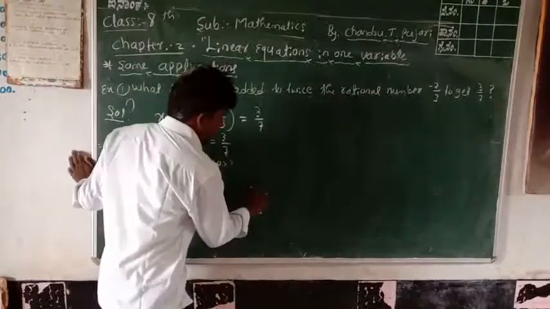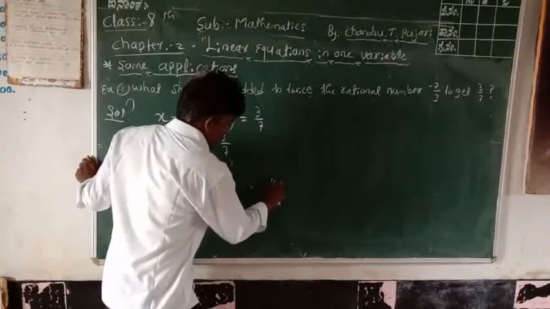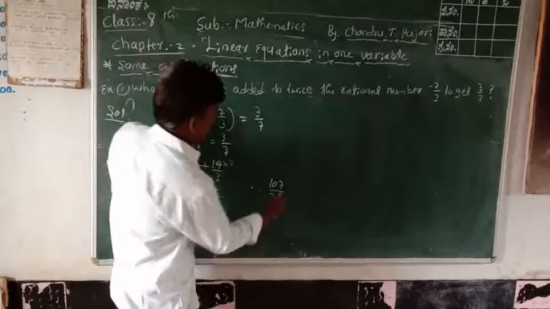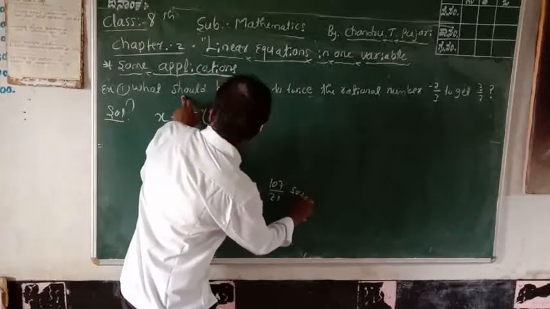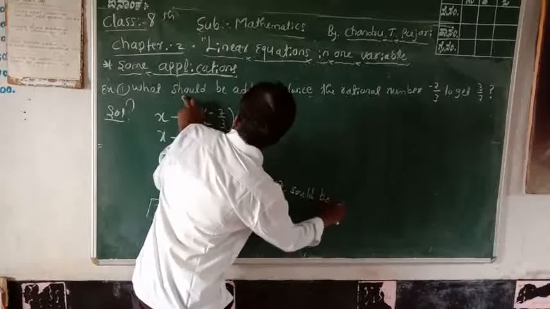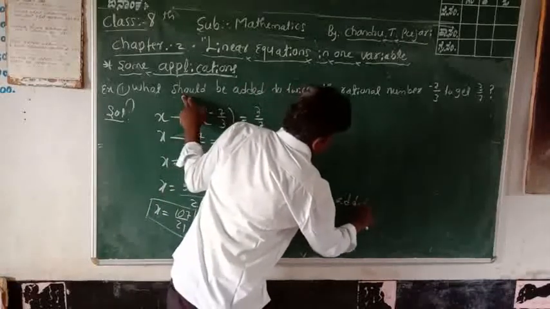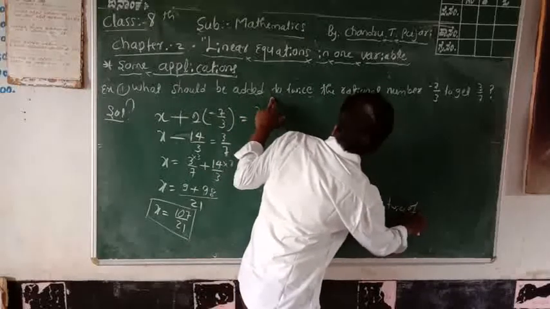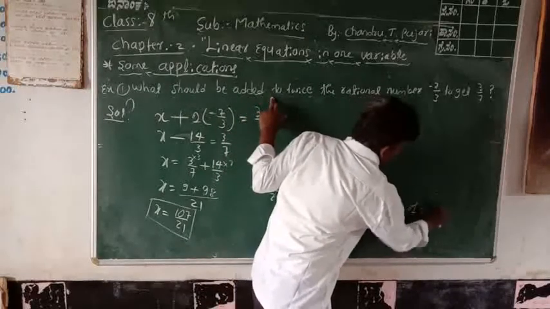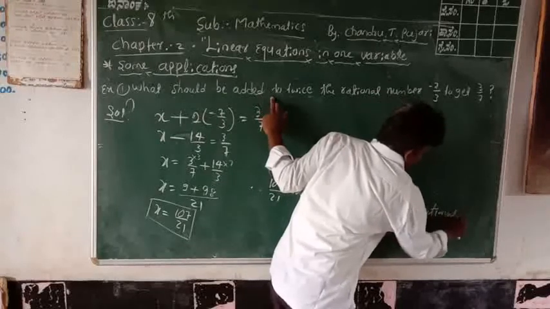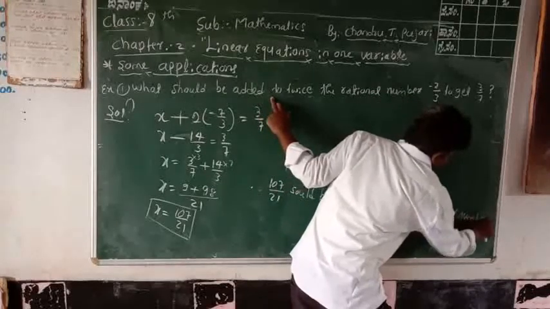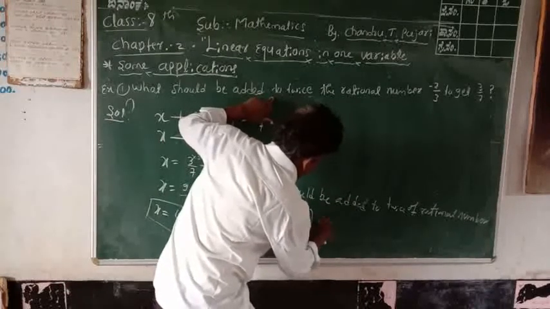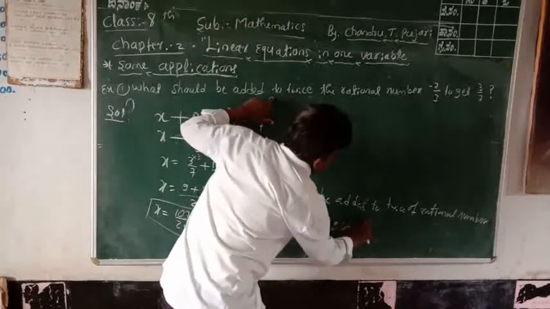Therefore, our conclusion is 107 by 21 should be added to twice the rational number minus 7 by 3 to get 3 by 7.